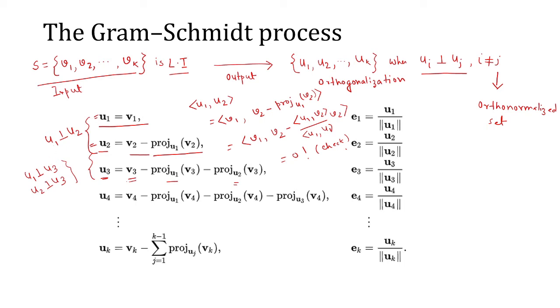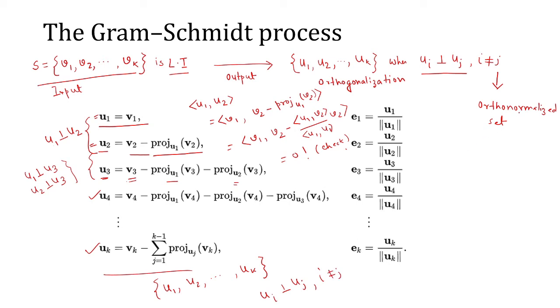So u1, u2, u3, all three vectors are perpendicular to each other. Similarly, we will calculate u4, and the generalized uk vector will be calculated in a similar fashion. Now this is the orthogonalization step. That is, we are getting u1, u2 up to uk, where all ui's are perpendicular to uj's when i is not equal to j.